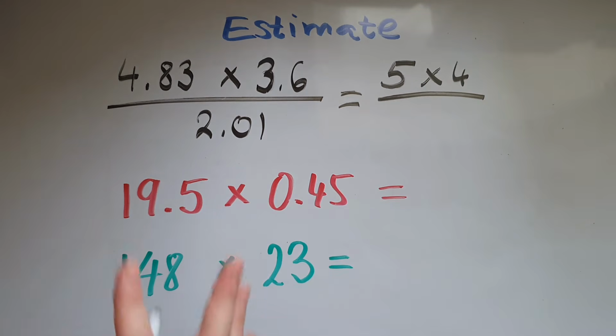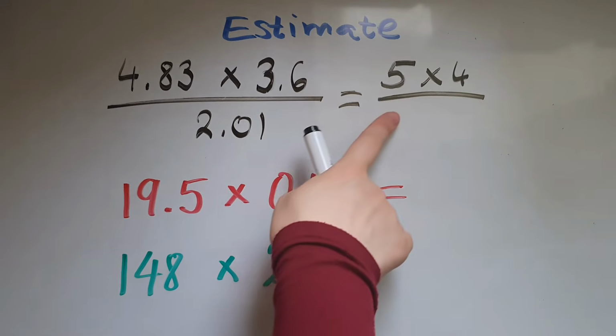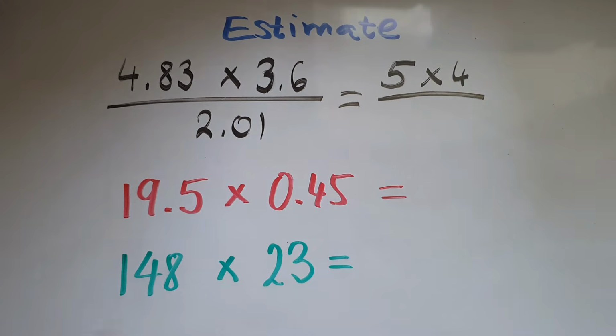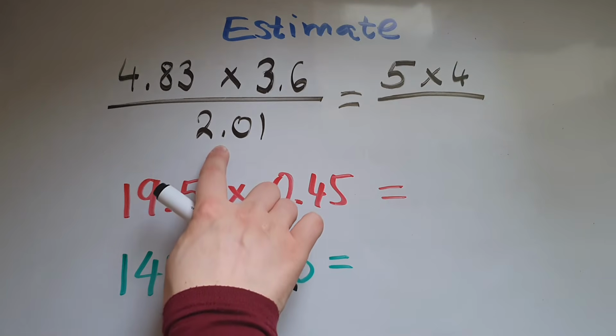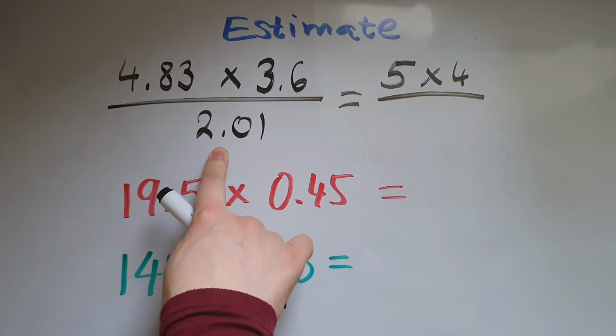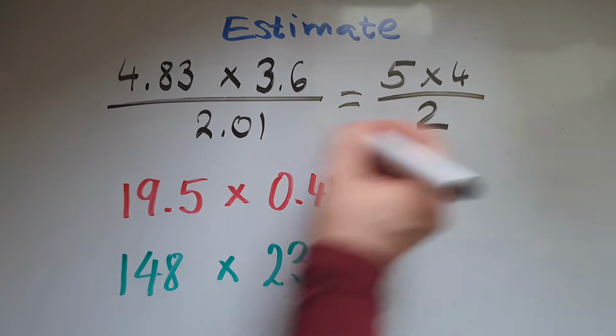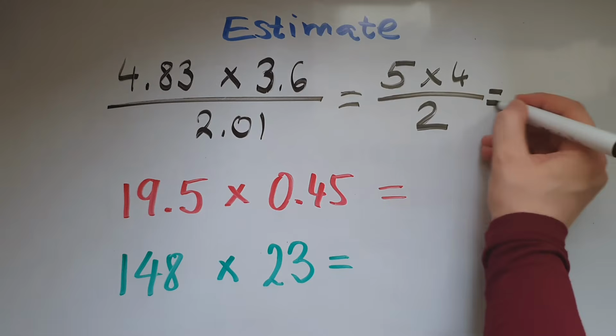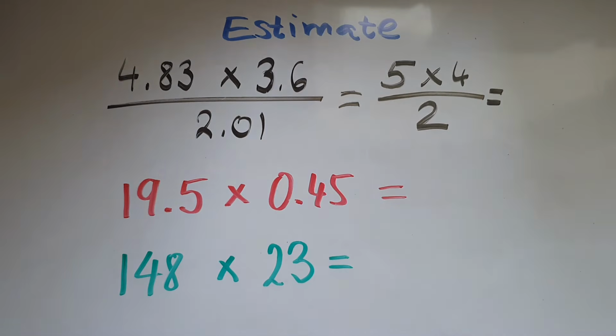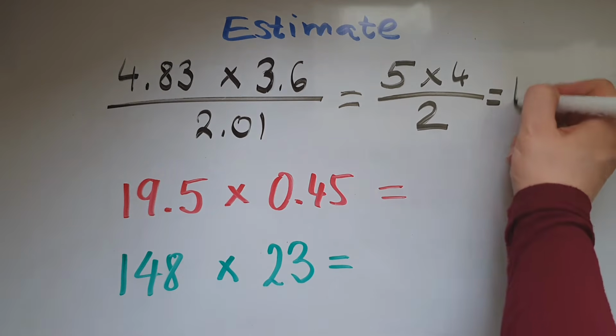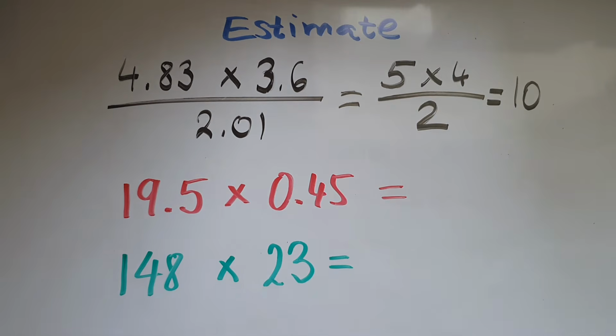Rounding it to one significant figure or rounding it to the nearest whole number. And the same thing I did over here. Now that is 2.01, so that would be 2. Now 5 times 4 is 20, divided by 2 gives us 10.